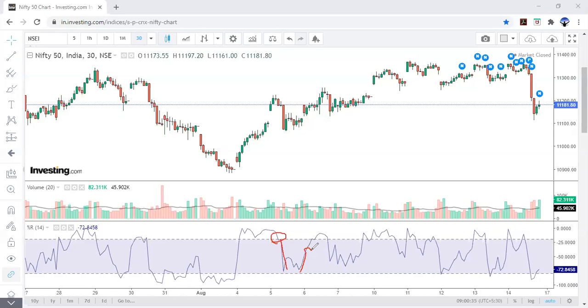So while buying the option, Williams percent R helps you see whether the momentum continues or maybe changes. And if the moving average also supports the change of the trend, then you should exit the position from options.